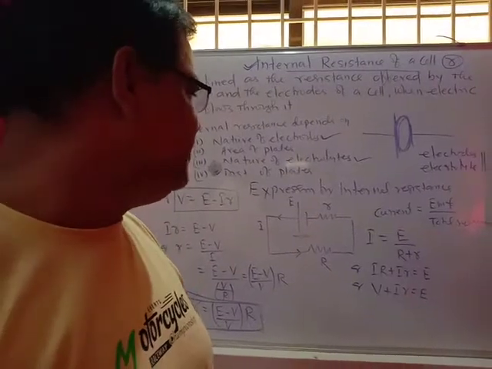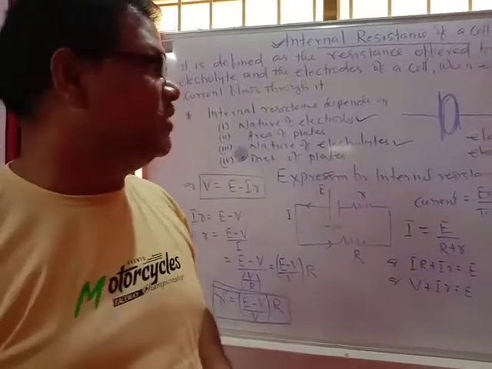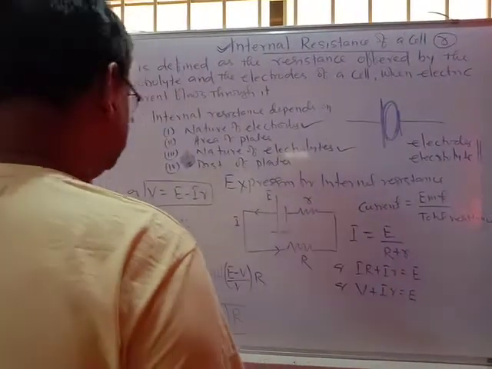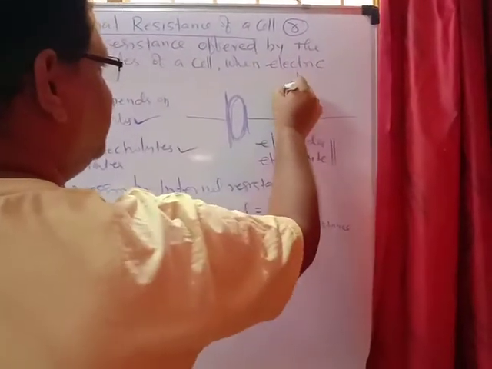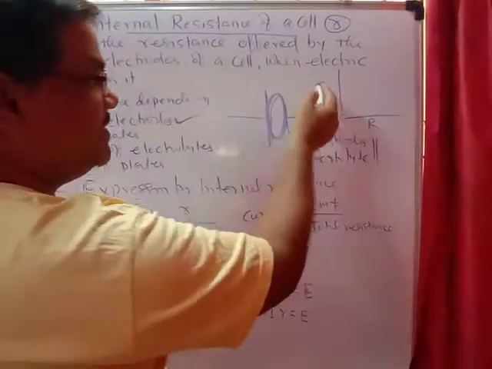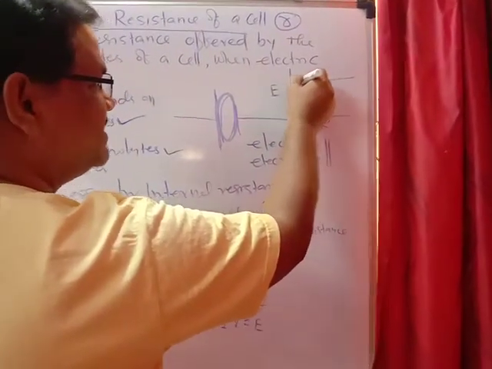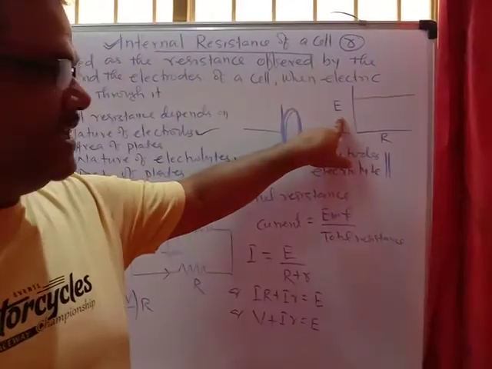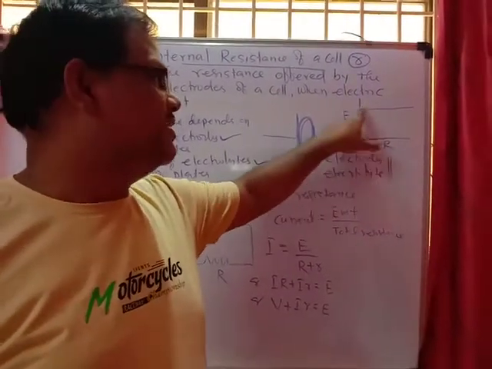It will not change. But the terminal PD depends upon the load resistance capital R. If you plot the graph between the EMF and R, whatever the value of R, the E versus R graph will be a straight line parallel to the resistance axis, with EMF on the y-axis and capital R on the x-axis.